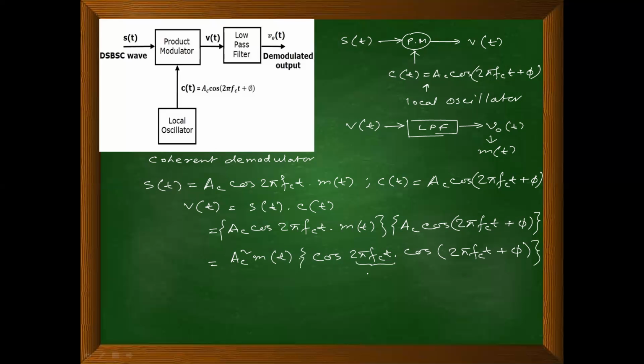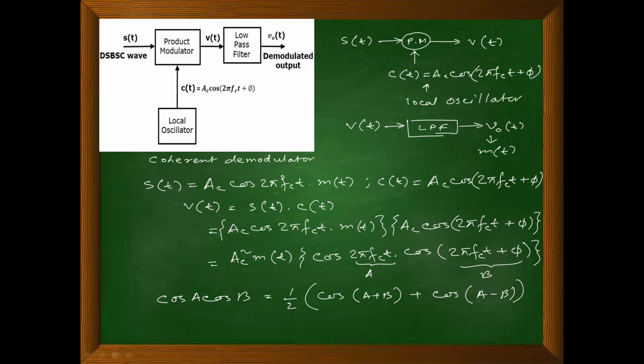Now take this as A and this as B. It is calculated from the normal trigonometric formula, cos A cos B = half of [cos(A+B) + cos(A−B)].